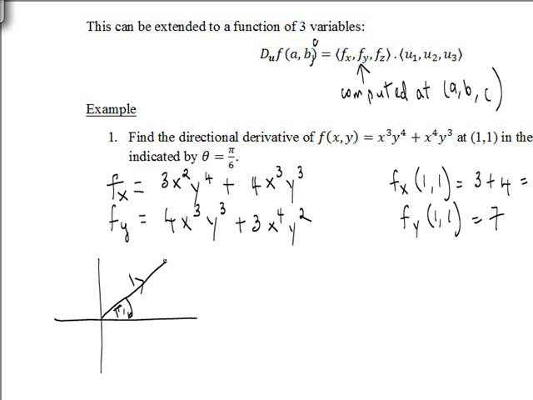Okay, so if we draw a right angle triangle here, we should be able to get the coordinates of this point. If you remember your trigonometry, this distance over 1 is cosine pi over 6. So this distance here is simply cosine pi over 6, and this distance here is simply sine pi over 6.